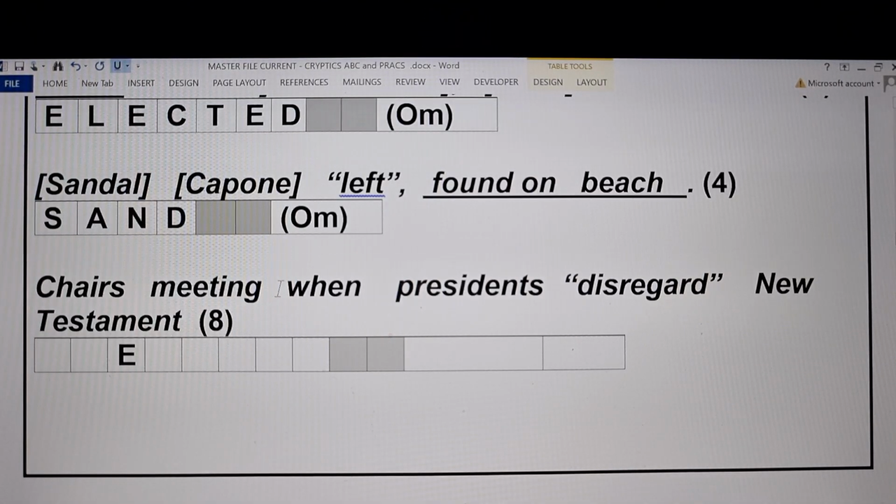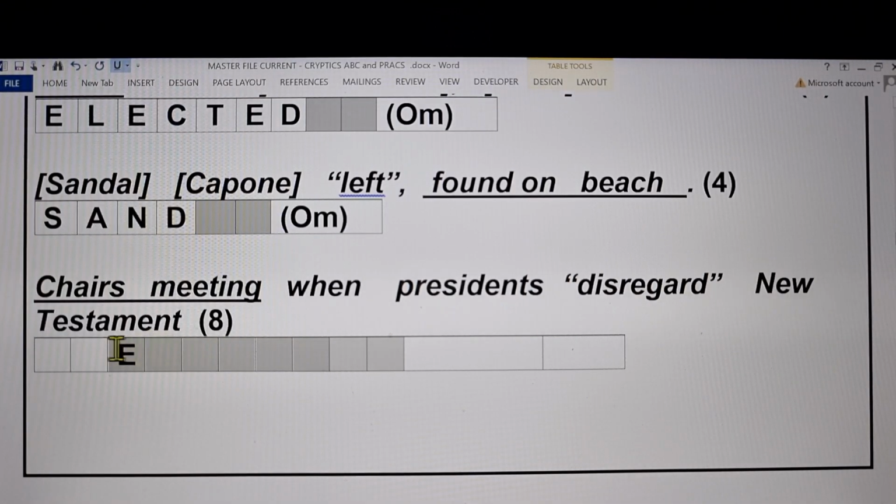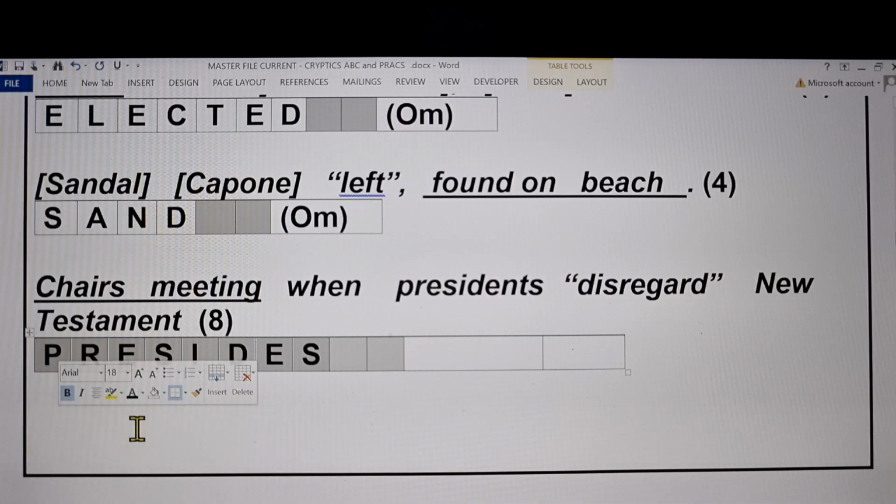I'll have a go. Chair's meeting. You reckon that's going to be the key? Chair's meeting. If someone chairs a meeting, what does he do at the meeting? He, you've got it, haven't you? He presides. You see, he's getting his synonyms, which is your big job.